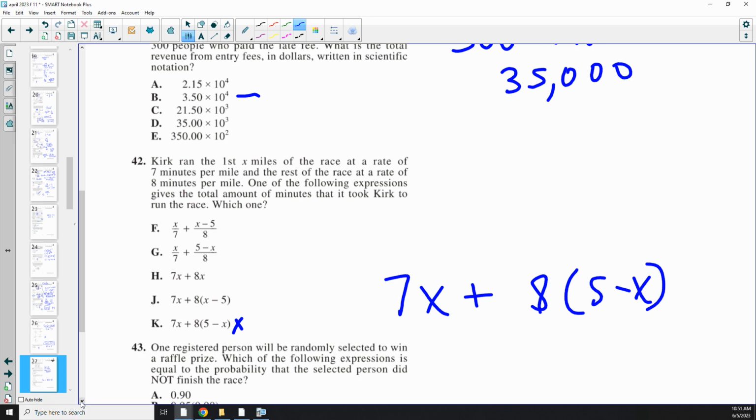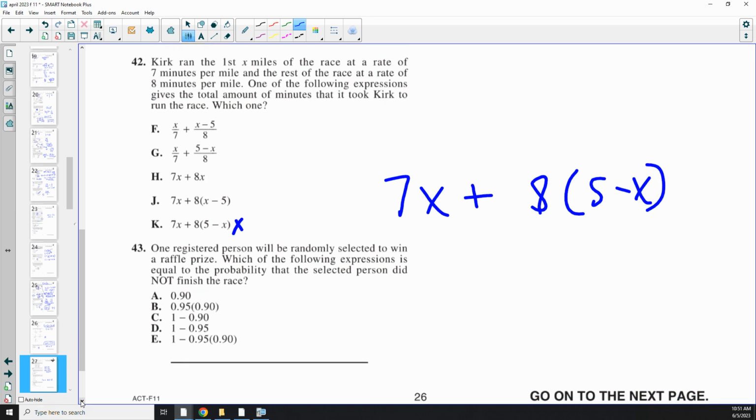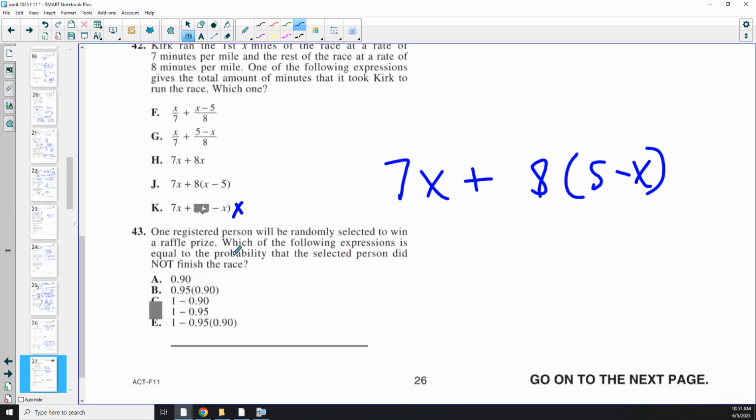One registered person will be randomly selected to win the raffle prize. One registered person, which of the following is equal to the probability that the person did not finish the race? So 95% of the people finished, and 90% showed up.